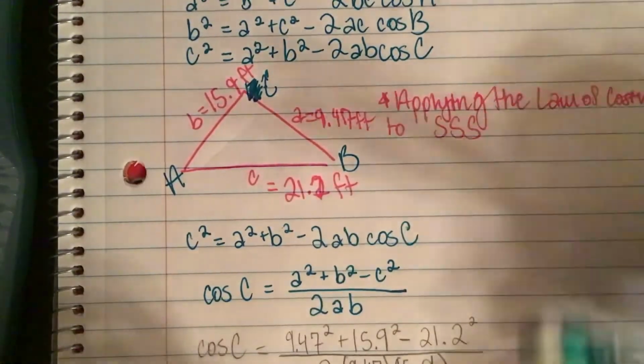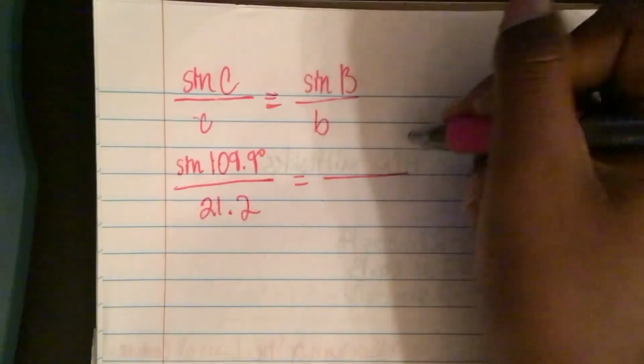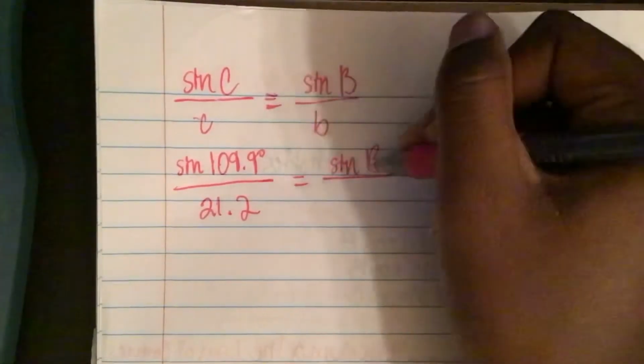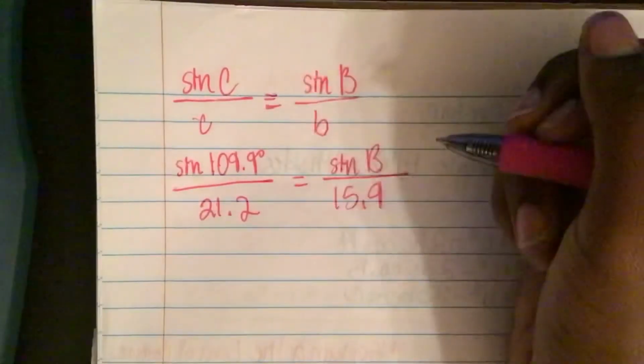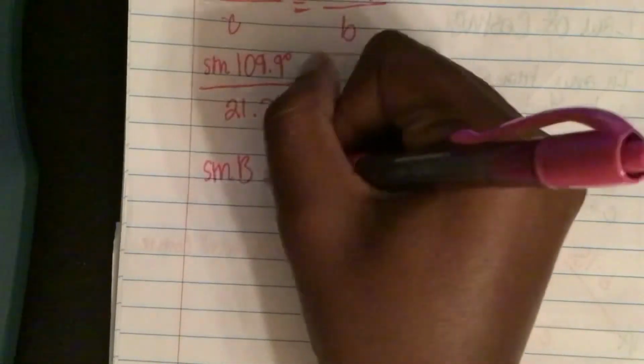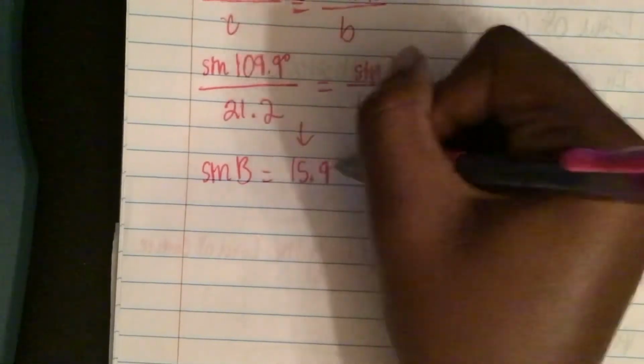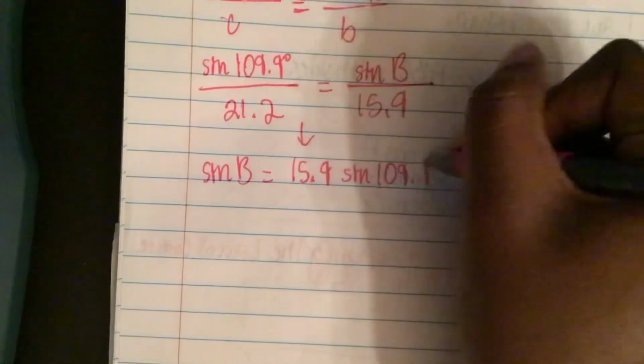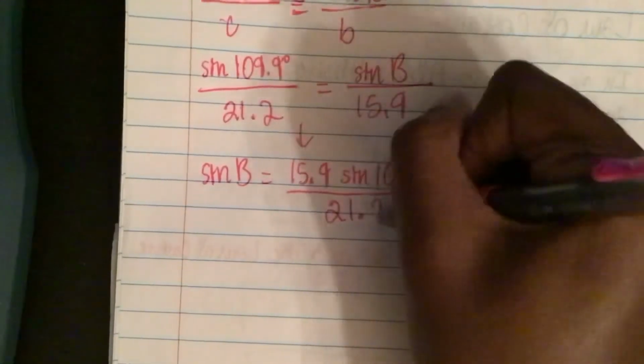This is time consuming, and obviously you want to learn the best and most efficient way to do these problems, especially since we are going to be tested on them. So in this case, sine of C, 109.9 degrees, over 21.1 equals sine of B, which we don't know yet, over 15.9. If we rearrange this, the sine of B will be equivalent to 15.9 times sine of 109.9 divided by side C, which is 21.2.